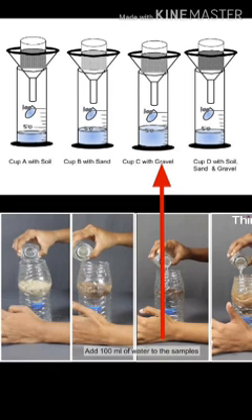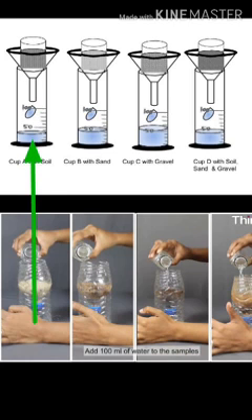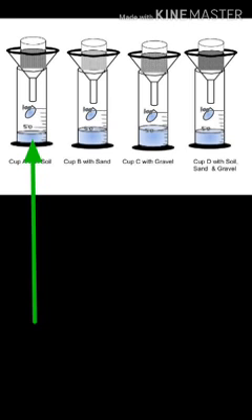Like in sand, the percolation rate is more and absorption of moisture or water is less. If less water comes out, then the percolation rate of the soil is less and moisture absorbing capacity is more, as it is seen in clay.